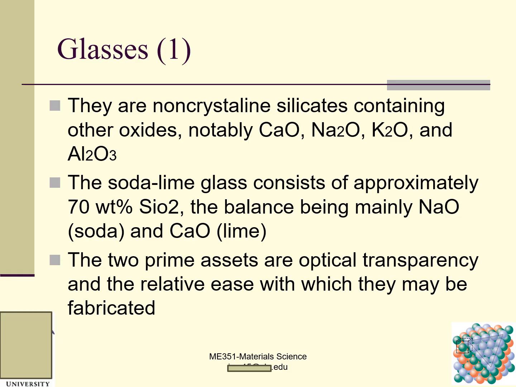The balance is mainly sodium oxide, soda, and calcium oxide, lime. The two prime assets are optical transparency and the relative ease with which they may be fabricated. This is the good thing about these glasses: optical transparency, the glass windows, the glass utensils we use. All of them are from glasses.